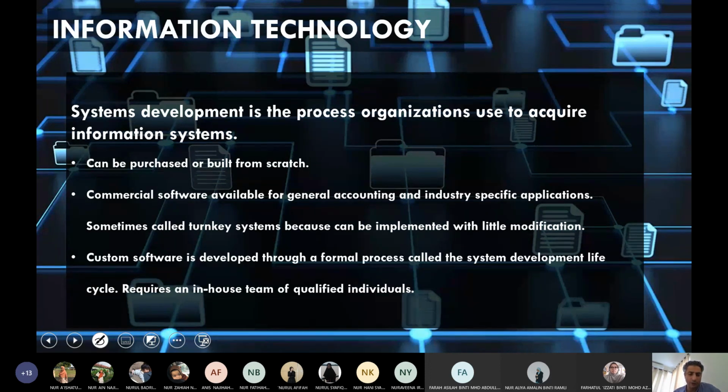Custom software is developed through a formal process called the system development life cycle, and requires an in-house team of qualified individuals.